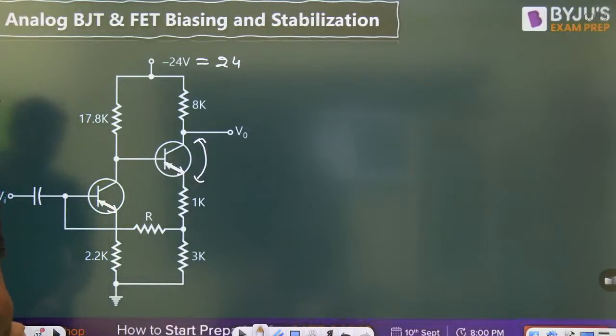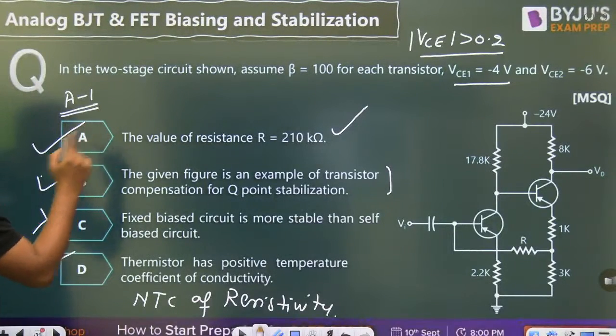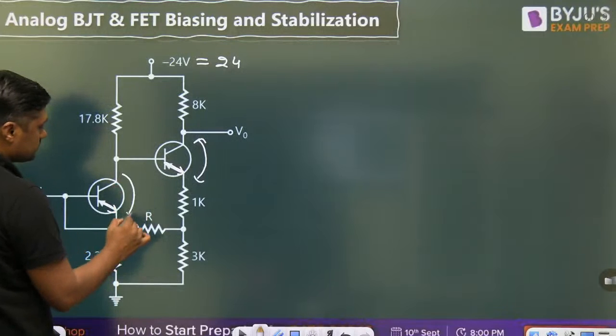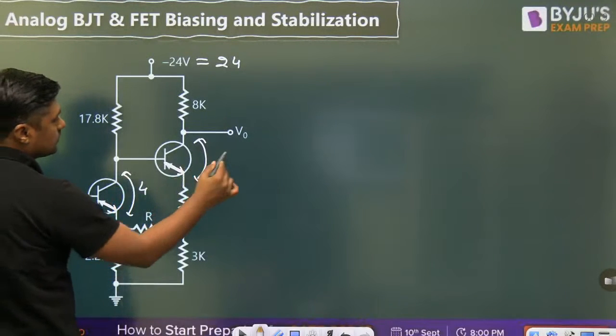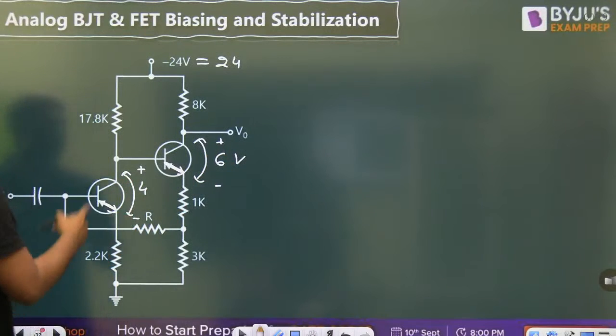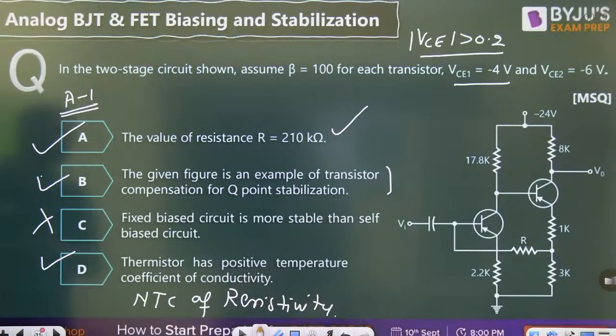The values given here are minus 4 and minus 6 volt. This is the first transistor. This is the 6 volt. You can change the sign of that. It will become positive, because for NPN transistor, VCE1 and VCE2 are positive.